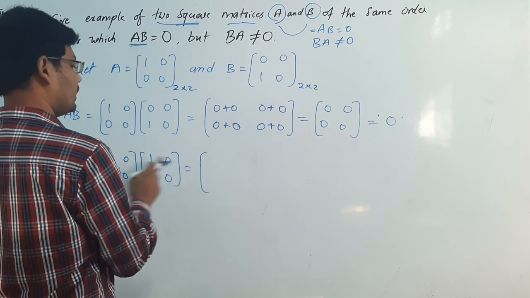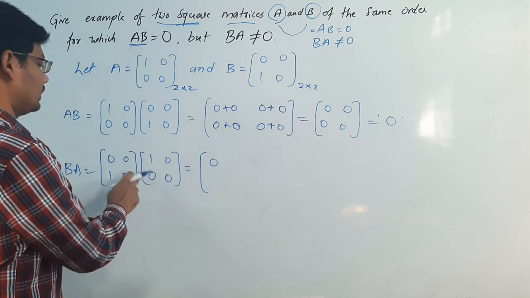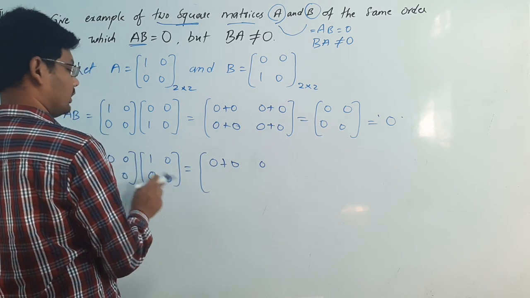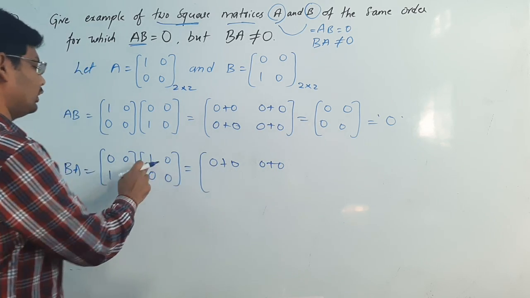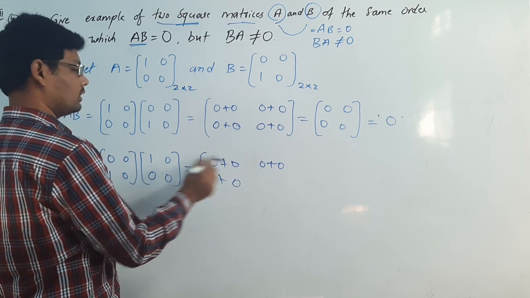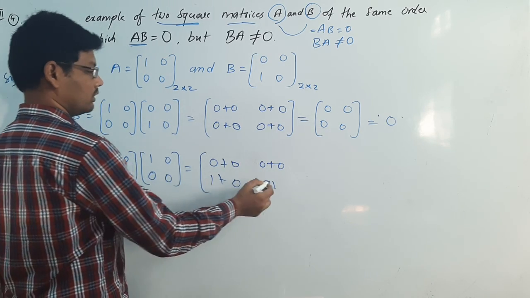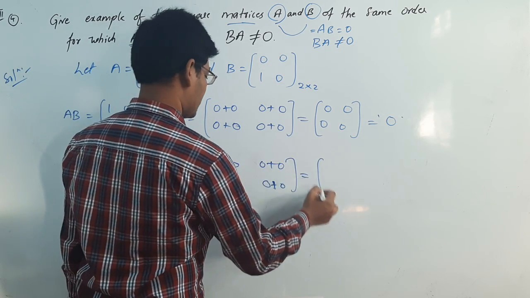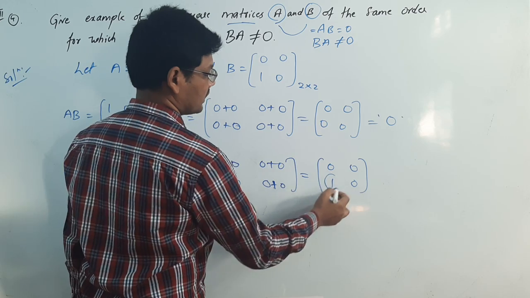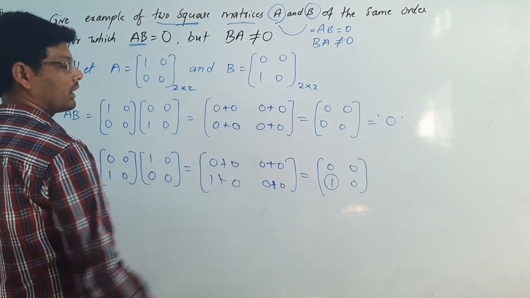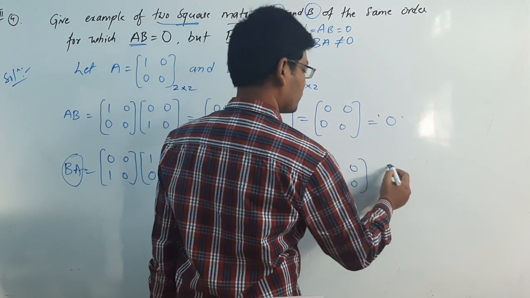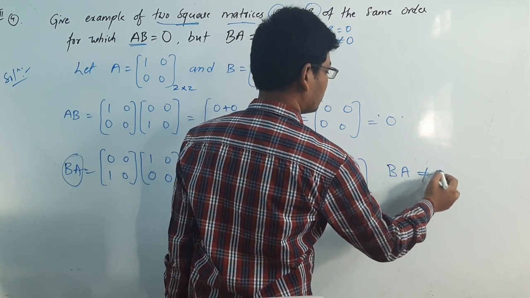This will imply 0 plus 0, 1 plus 0, 0. Here we got a 1 element in the product of the BA matrix. So BA is not equal to O.